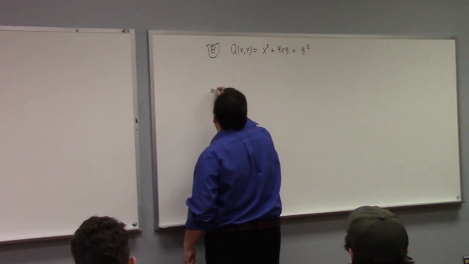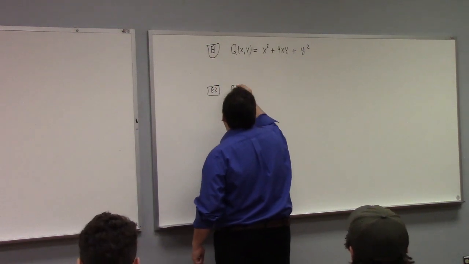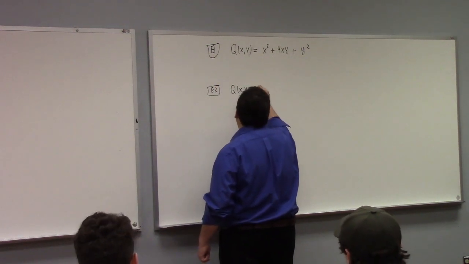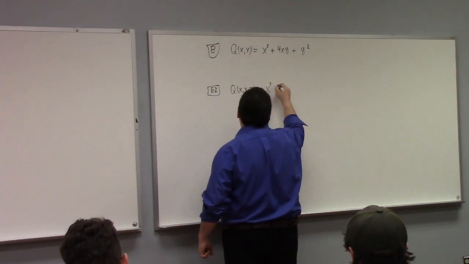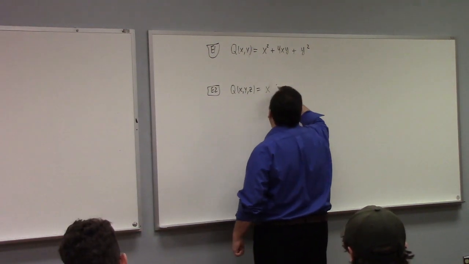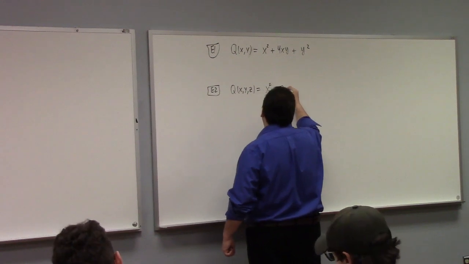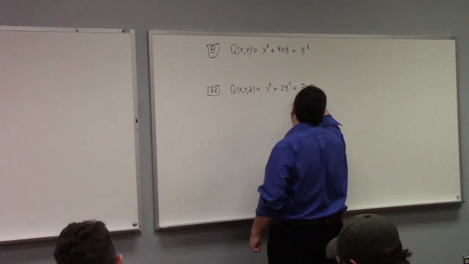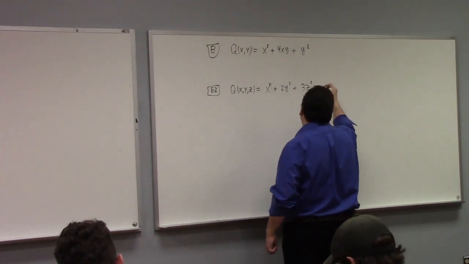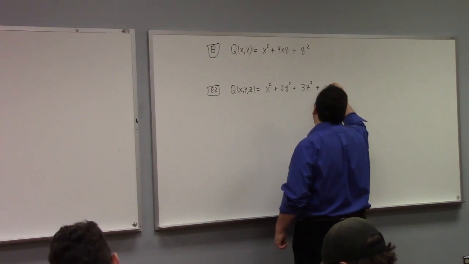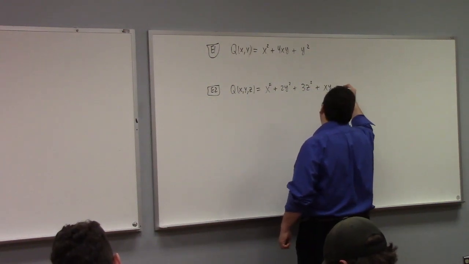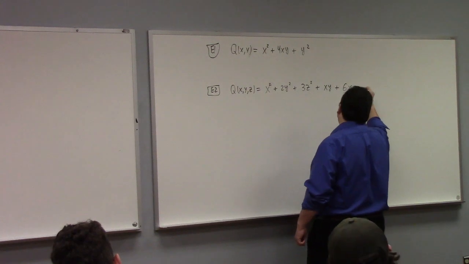My example two, Q of x, y, z equals x squared plus 2y squared plus 3z squared plus xy plus 6xz. There we go.